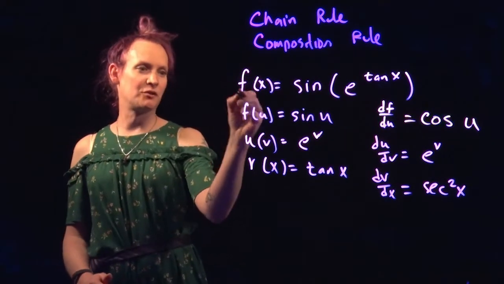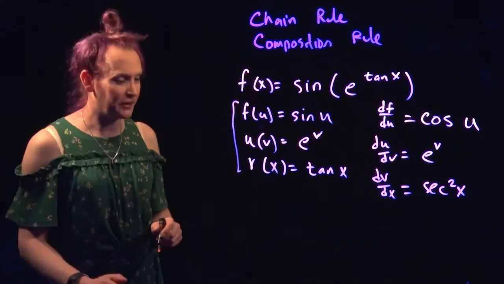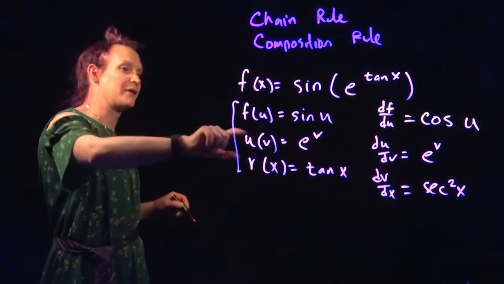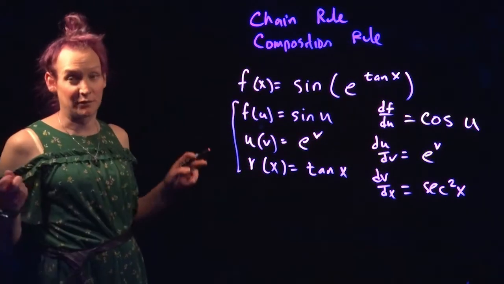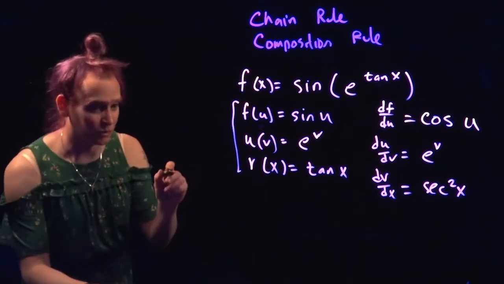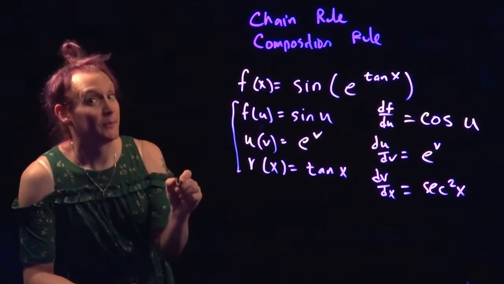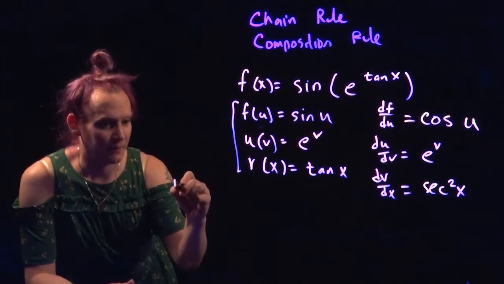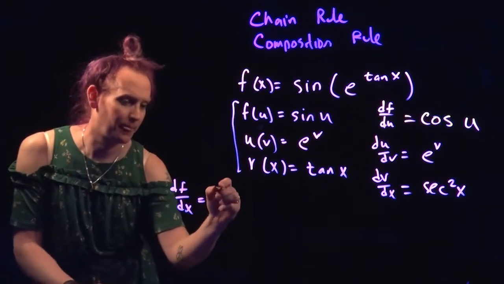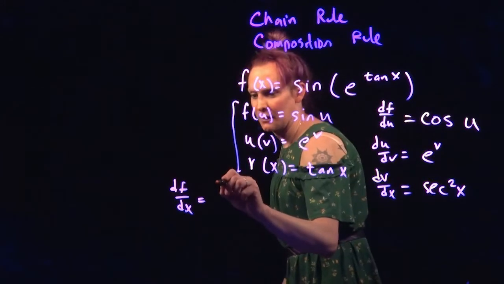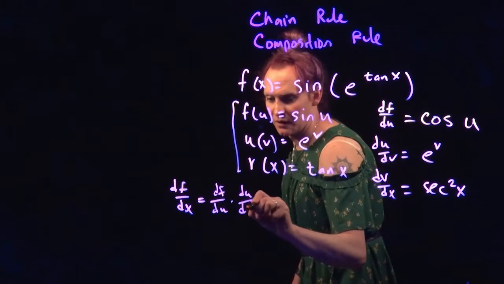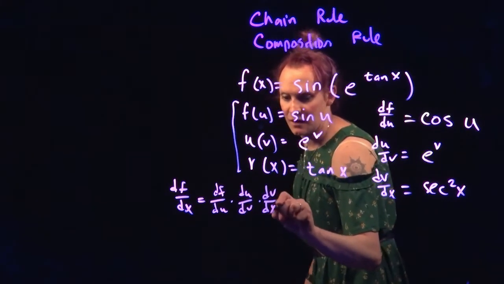So this is my original function. These right here are what I think of as subfunctions that I use to build the bigger function. They're simple functions, and I know how to take the derivative of each of them. Okay. Now the chain rule, the composition rule, says that df dx is equal to df du times du dv times dv dx.